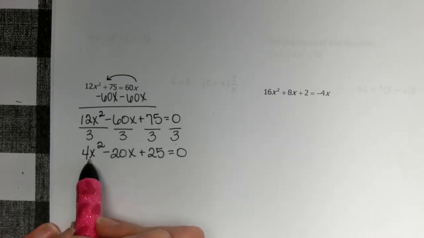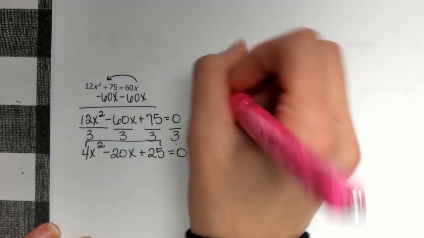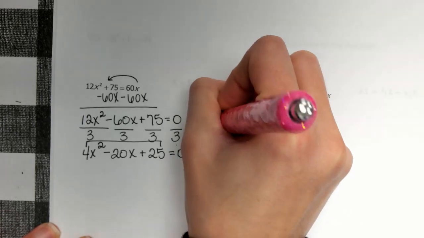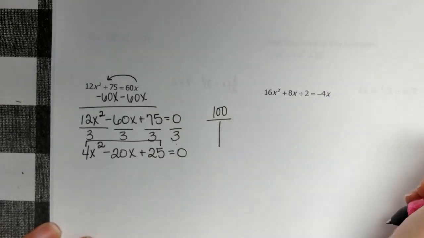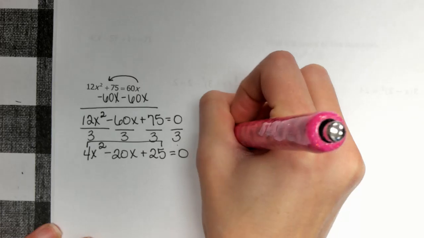So now, I'm going to multiply 4 times 25. Gives me 100. Factors of 100 that give me 20. It will help you if you know, are they the same or different? Same. They're going to add. So factors that add to give you 20, 10 and 10.